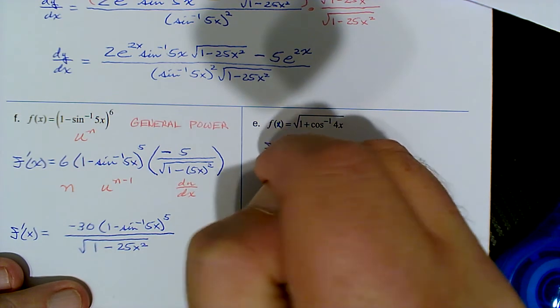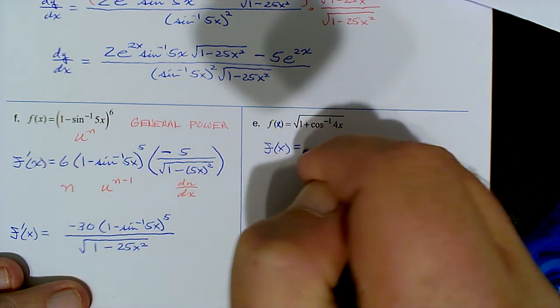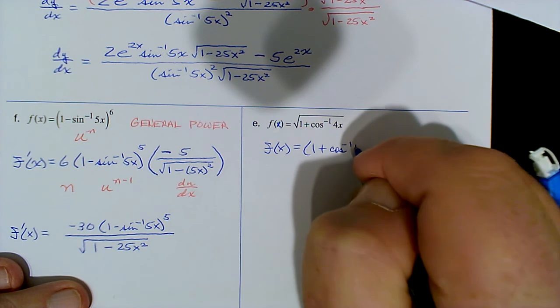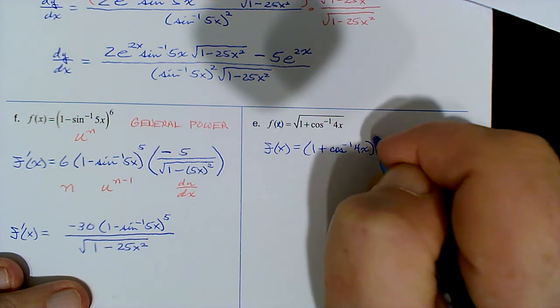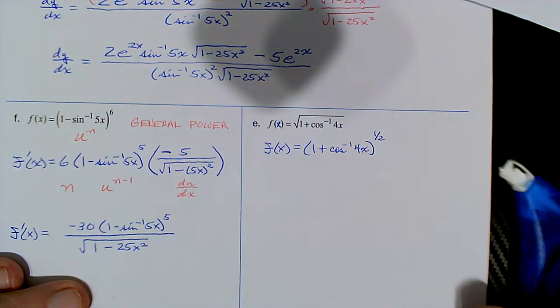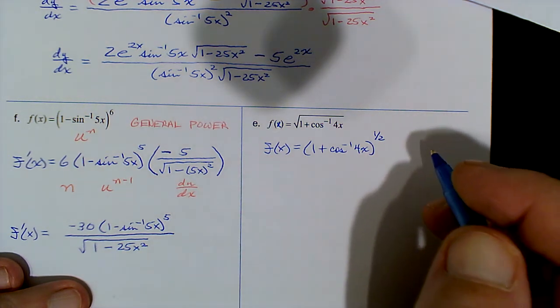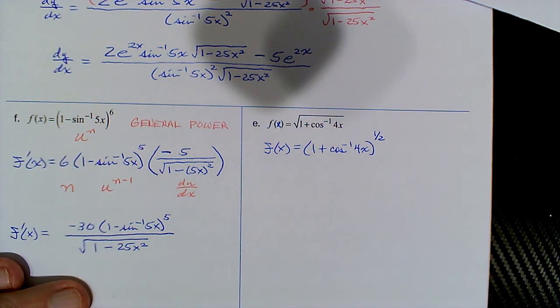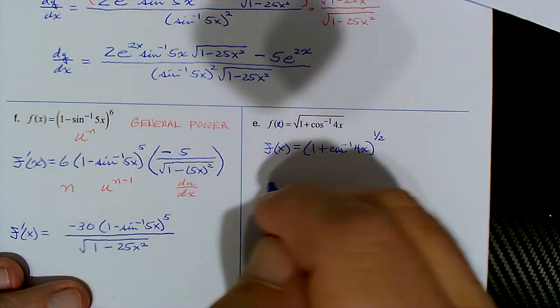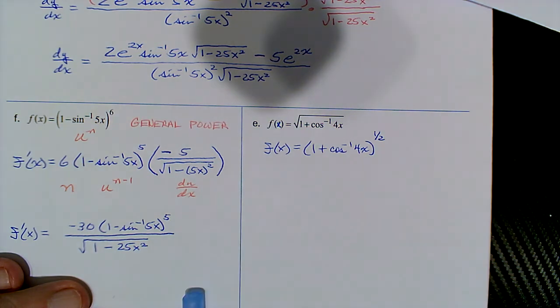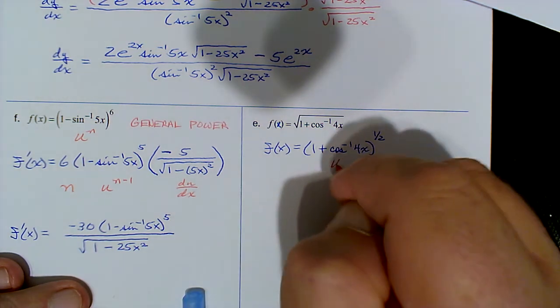But in any event, first move no matter what, get rid of the radical. So 1 plus inverse cosine of 4x. Okay, that's a square root, so 1/2 power. Be prepared for other roots, like cube roots, 4th roots, 5th roots, and the odd root might come into play, just to keep you on your toes. But again, it's the general power, chain, u to the n, whatever you want to call it.